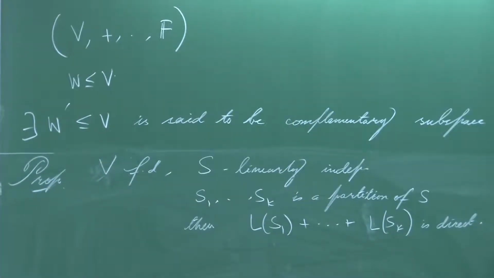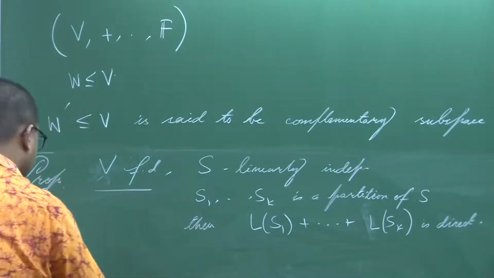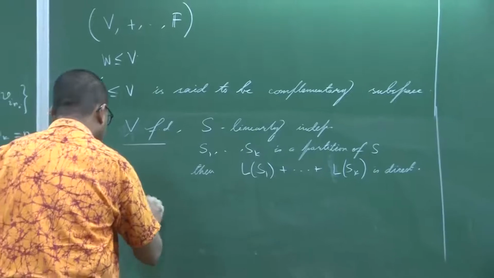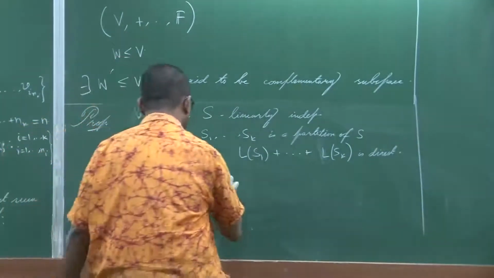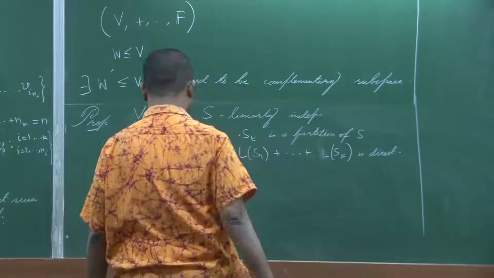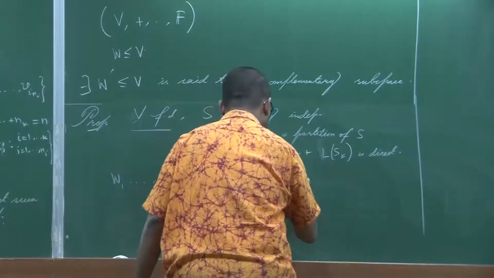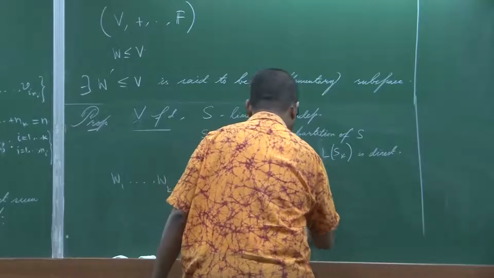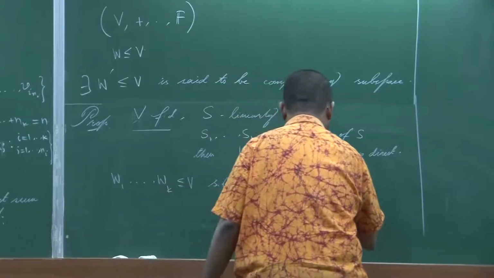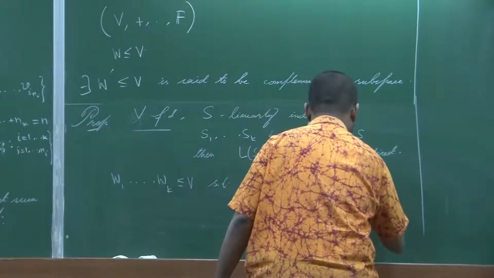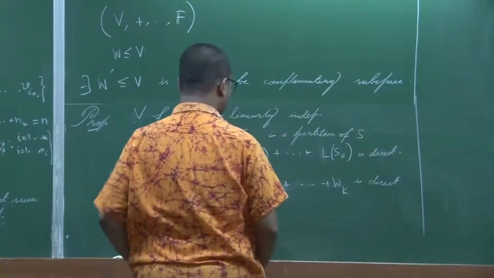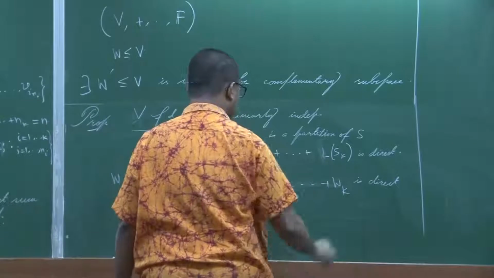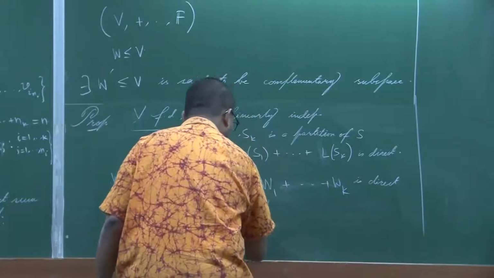So, starting with a linearly independent subset, we get a direct sum. The opposite is also true. So, as usual, V is finite dimensional. If I am given a collection of subspaces of V such that the sum of W1 up to Wk is direct, then what we do is we start with a basis of W1.